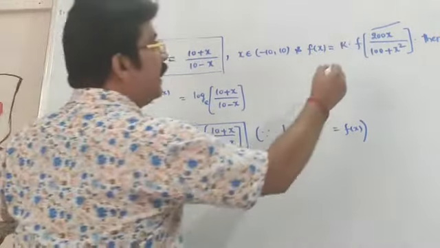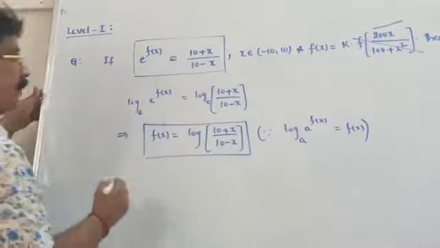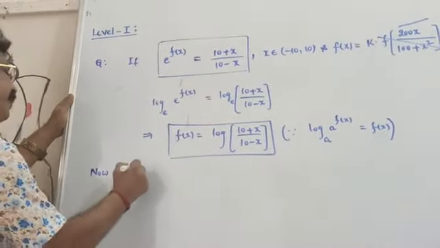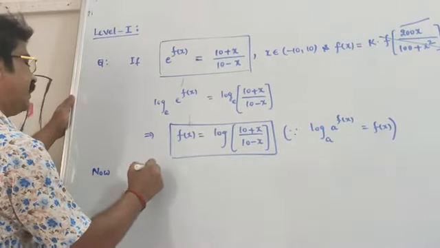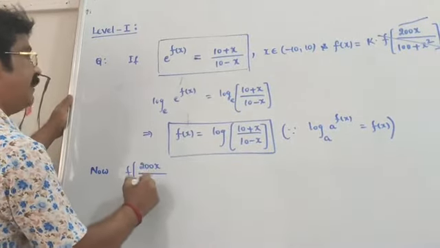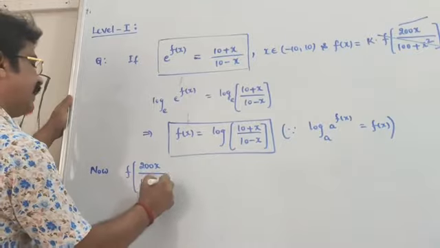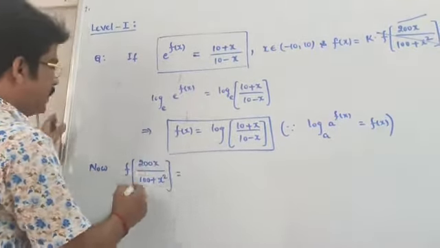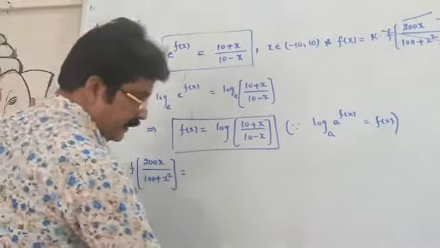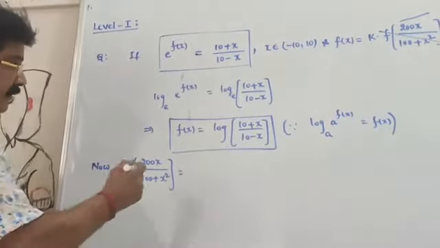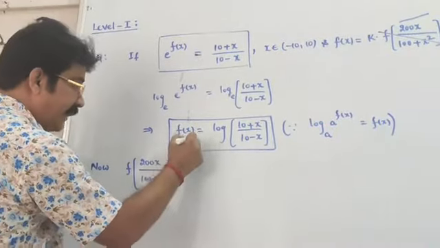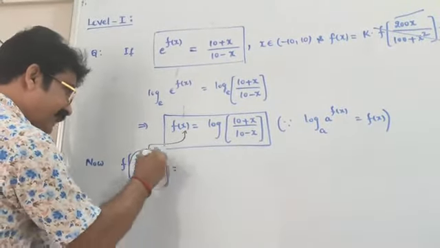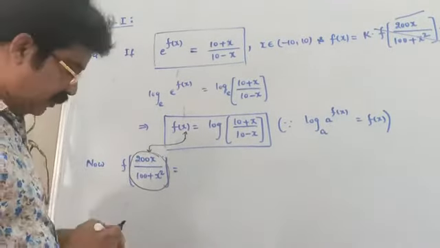Okay, now I shall find this value. So now f of 200x divided by 100 plus x square is, instead of x in f of x, we should write the total 200x divided by 100 plus x square.